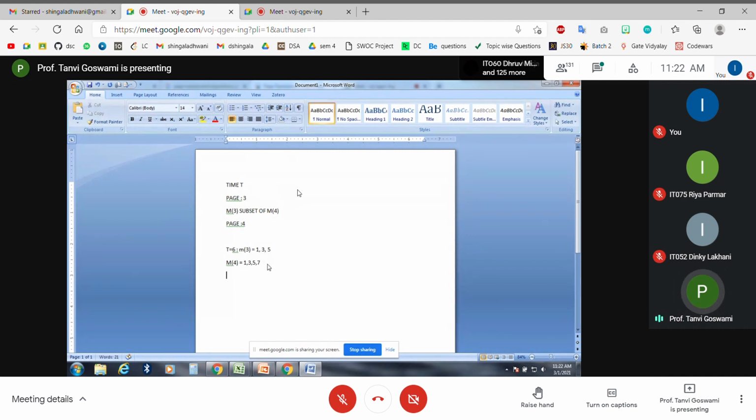Let us consider that this is not satisfied. Instead, at t equal to 6, memory with page frame 3 has pages 1, 3 and 5, and at the same time, memory with page frame 4 has pages 1, 2, 5 and 7. So M of 3 is not a subset of M of 4.